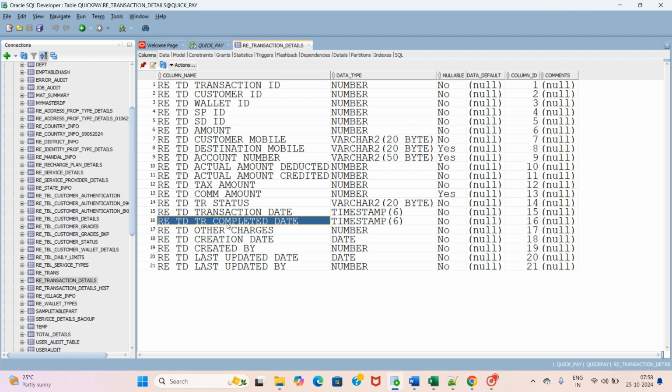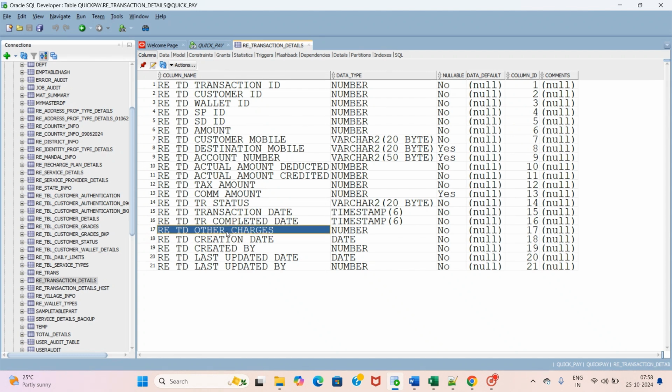After the status success comes from the operator end or the bank end, what is the completed date actually? Next day. That is the completed date. The transaction date and the transaction completed date are not the same. Completed date means the final confirmation coming from the operator end or the bank end.